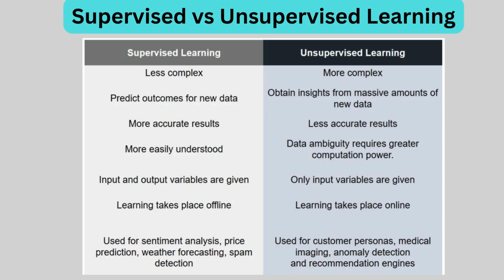Supervised learning uses input and output data mappings, but unsupervised gives only the input data. It doesn't give a mapping of output. Supervised learning takes place offline and unsupervised takes place online. Supervised learning is used in sentiment analysis, price predictions, weather forecasting, and spam detection. Unsupervised learning is used in medical imaging, and also in e-commerce sites, recommendation engines.